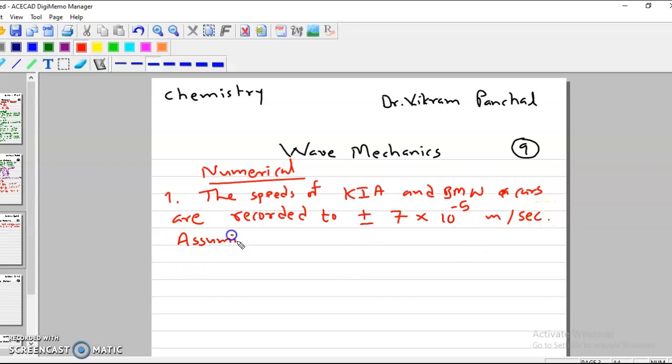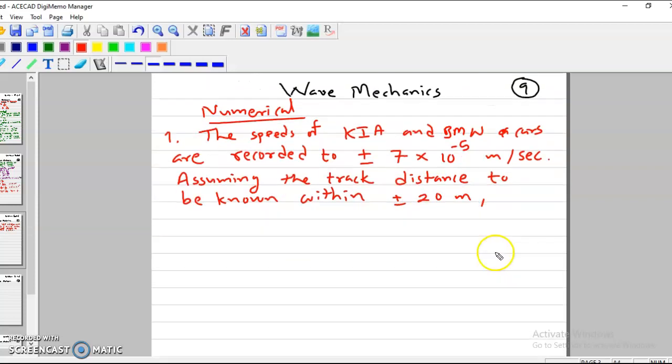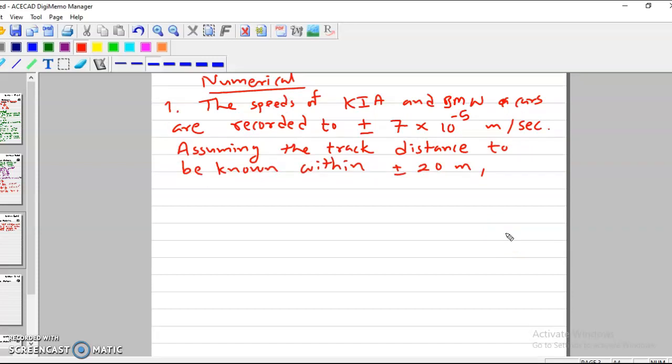Assuming the track distance to be known within plus or minus 20 meter. Again, meter is given, that means you are given delta x.